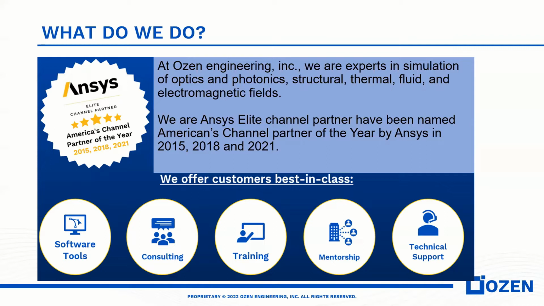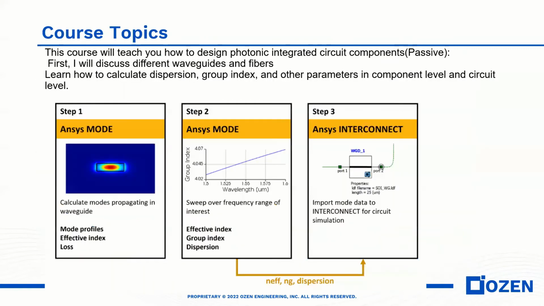I will teach you how to design passive component for photonic integrated circuit in this course. The first thing I will do is to discuss different waveguides and fiber using the Lumerical tool. I will teach you how to calculate dispersion, group index, and other parameters in component and circuit level.